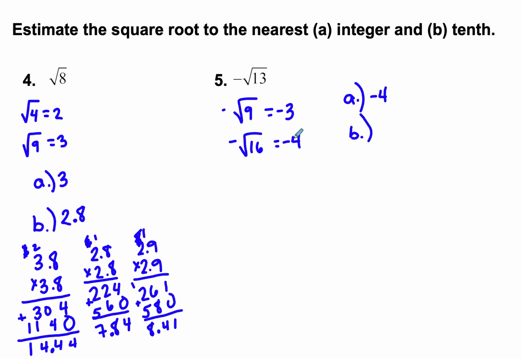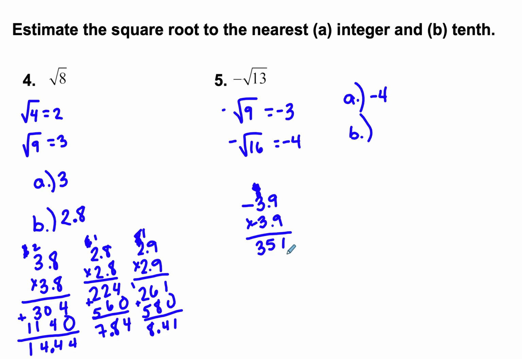Okay. Now I need something very close to negative 4, but in between negative 4 and negative 3. So I'm going to start with negative 3 and 9/10, and let's see where that gets us. So let's see, 9 times 9 is 81. 9 times 3 is 27, plus 8 is going to be 35.